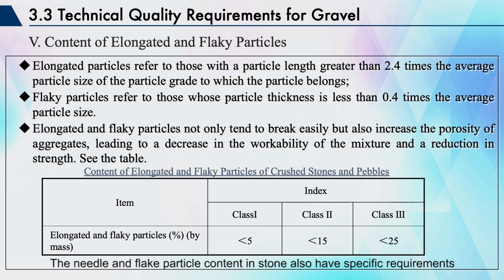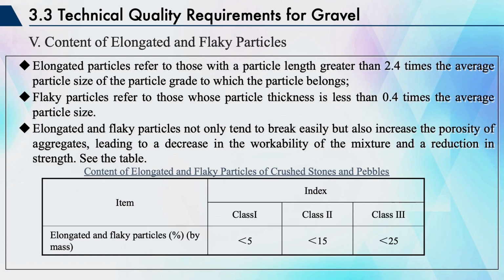The needle and flake particle content in stone also have specific requirements. Needle-shaped particles refer to particles whose length is greater than 2.4 times the average particle size of the category, while flake particles refer to particles with a thickness less than 0.4 times the average particle size.